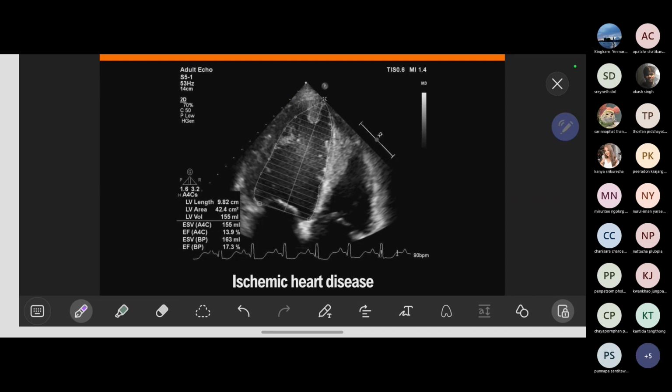A patient with ischemic heart disease. LVEF is 17 and you will see apical thrombus.